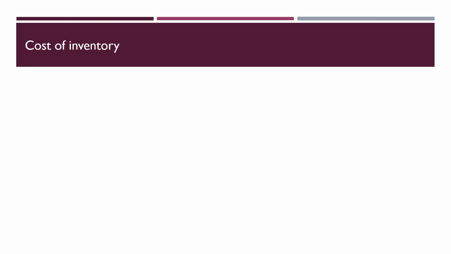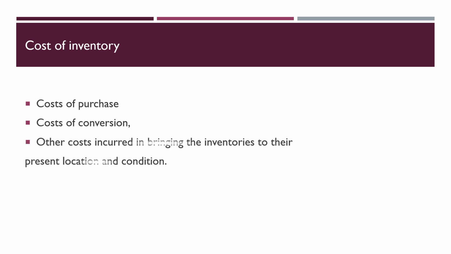Now let's see the cost of inventory. Cost of inventory includes cost of purchases, cost of conversion, as well as other costs incurred in bringing the inventories to their present location and condition.